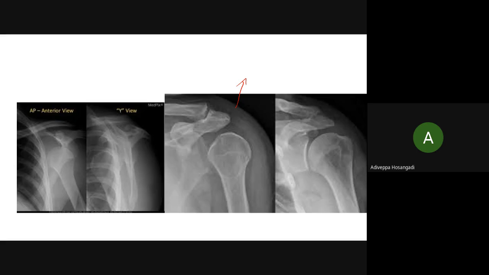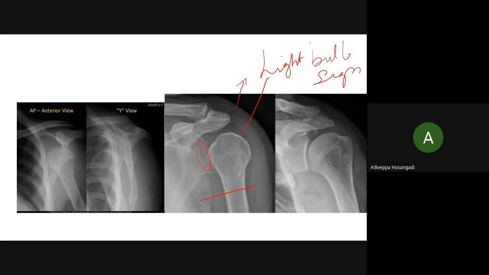There is no doubt, there is an emptying of the glenoid. The shoulder has completely internally rotated. This is the classical light bulb sign. It looks like a light bulb, isn't it?